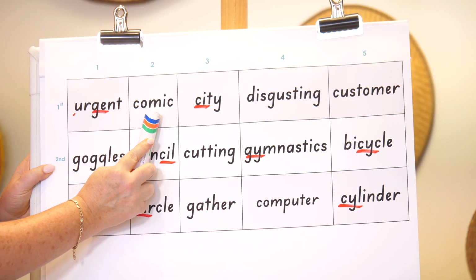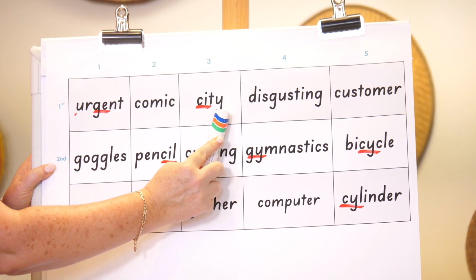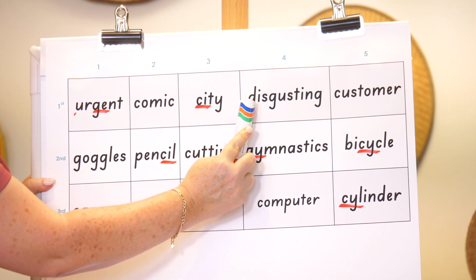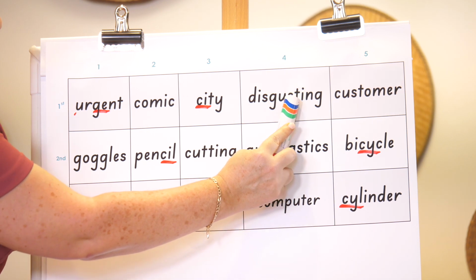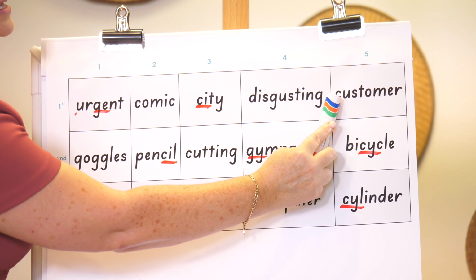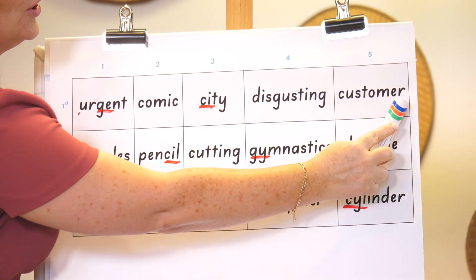Urgent, comic, city. We're going to sweep underneath those syllables. Dis, gust, ing, disgusting. Cust, customer.